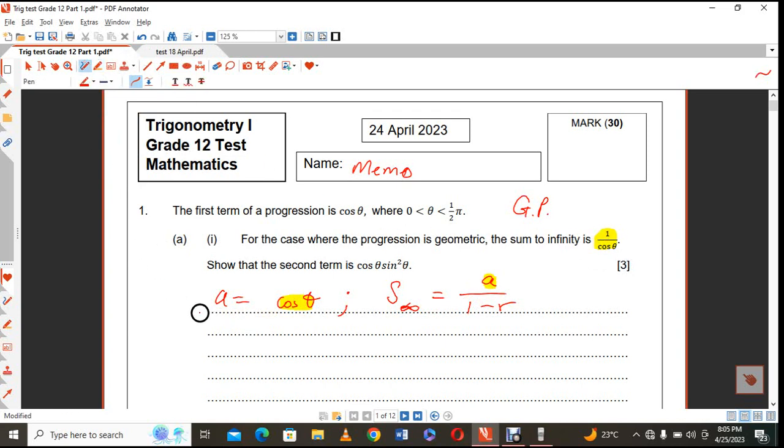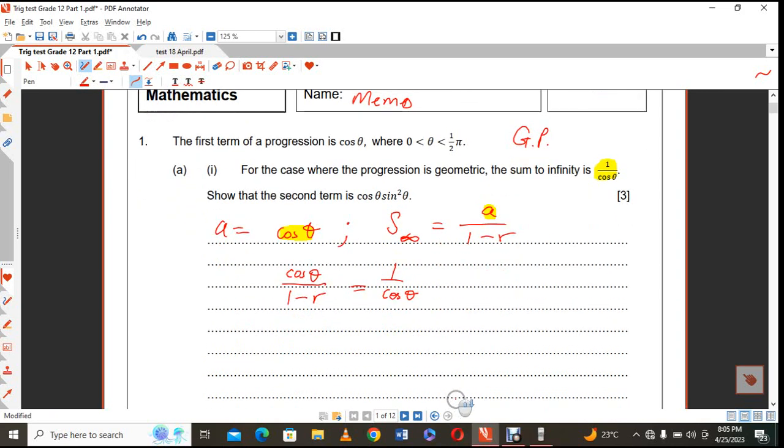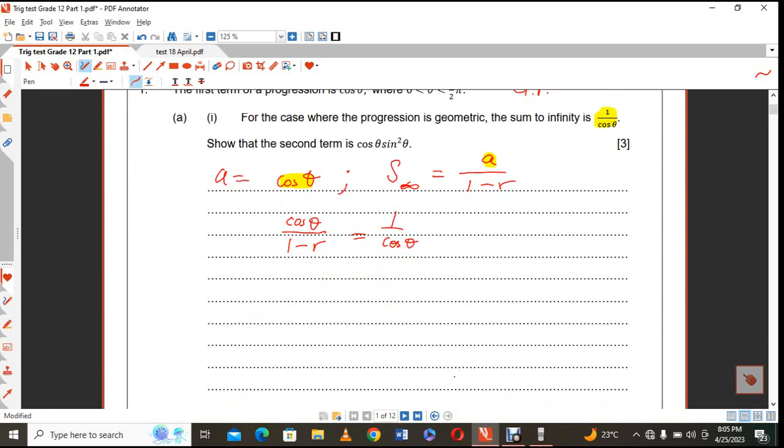So I'm going to write it down: cos theta over 1 minus r is equal to 1 over cos theta. This is information that we are given. From here, perhaps you can cross multiply.